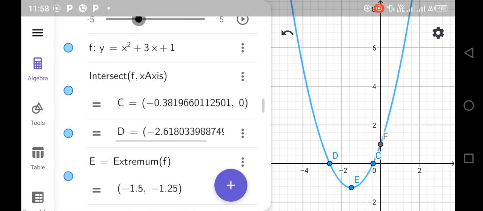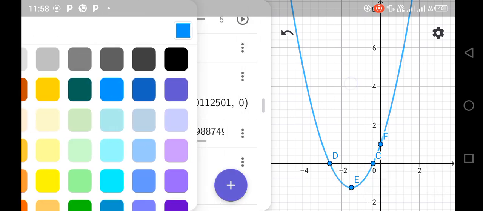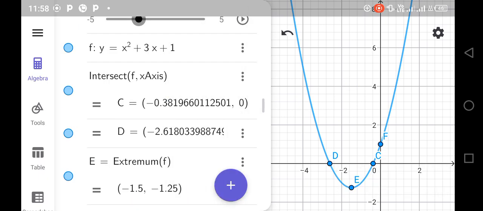So that's how we do that particular equation. That is the equation that we have drawn for that particular function.